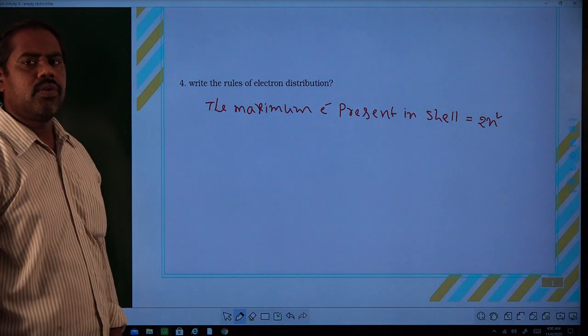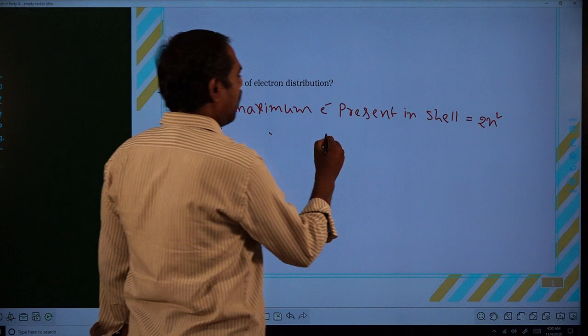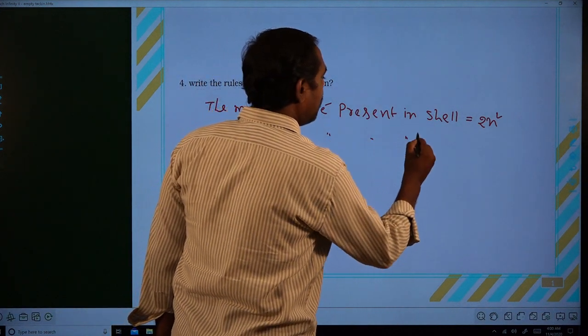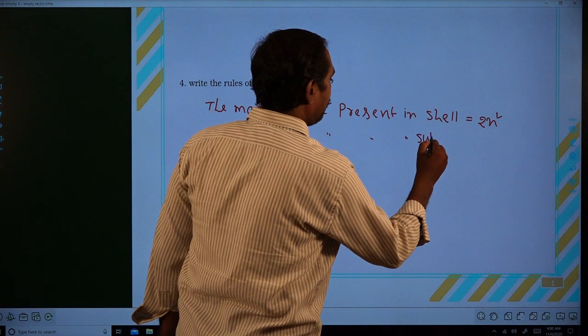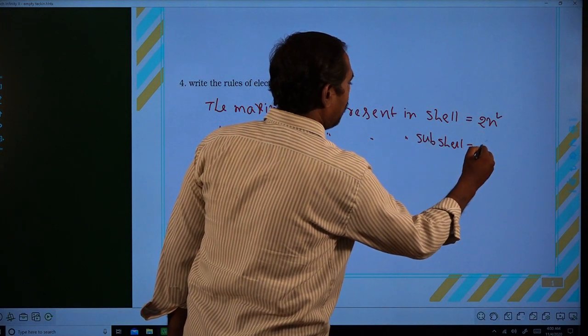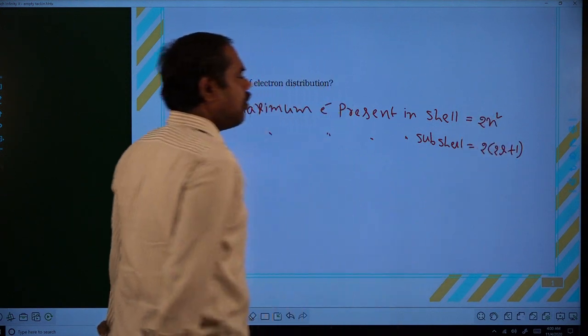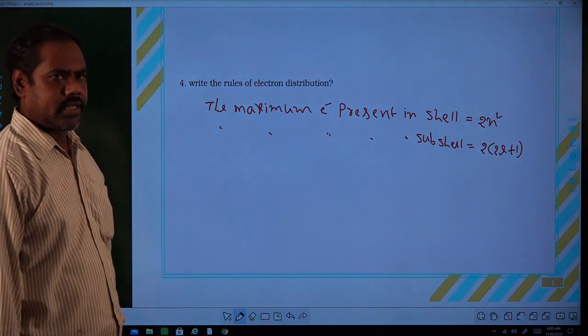Here n is equal to 1, 2, 3, 4 and so on. Next, the maximum electrons present in a subshell we can calculate by the formula 2 into (2l plus 1).